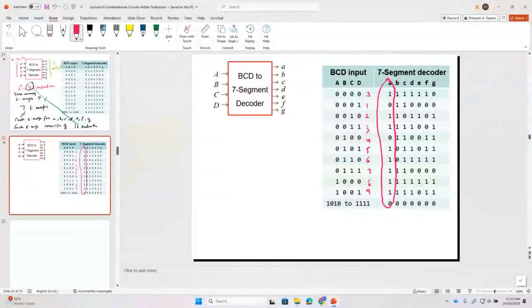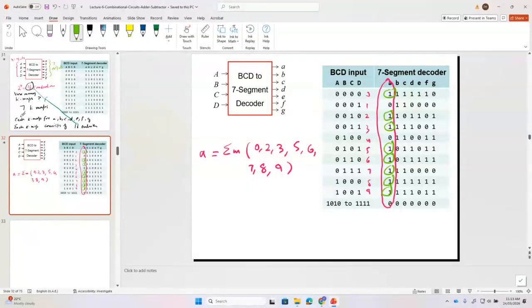So if you want to solve for segment A, this is actually sigma M. What should I write? 0, 2, 3, 5, 6, 7, 8, and 9. Because we are all interested in the ones. Plus sigma D? One, and one. Any question?